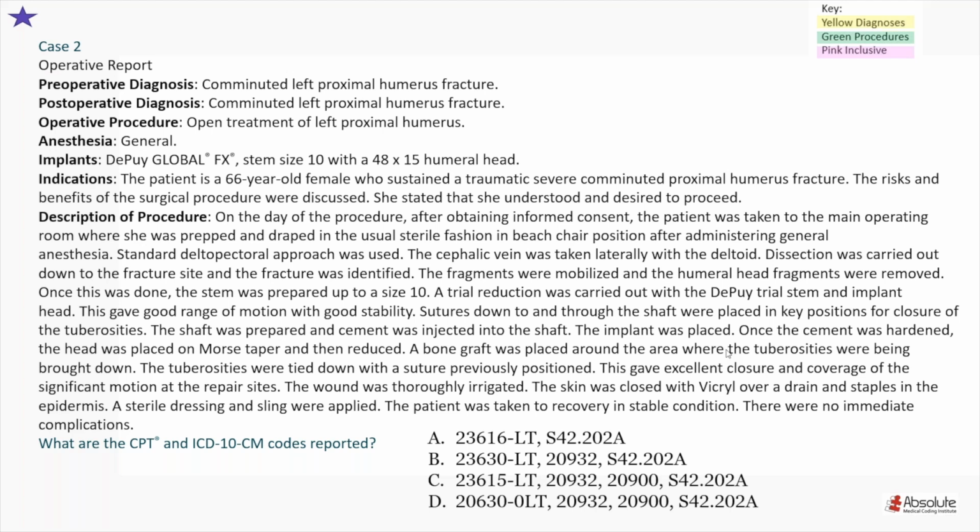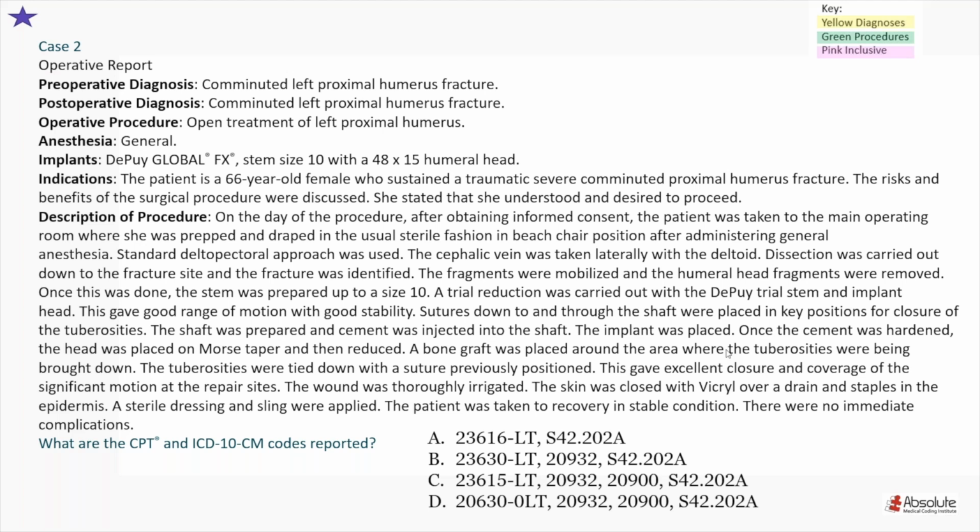Implants, DePuy Global FX, stem size 10 with a 48 by 15 humeral head. Indications, the patient is a 66-year-old female who sustained a traumatic severe comminuted proximal humerus fracture. The risks and benefits of the surgical procedure were discussed. She stated that she understood and desired to proceed.